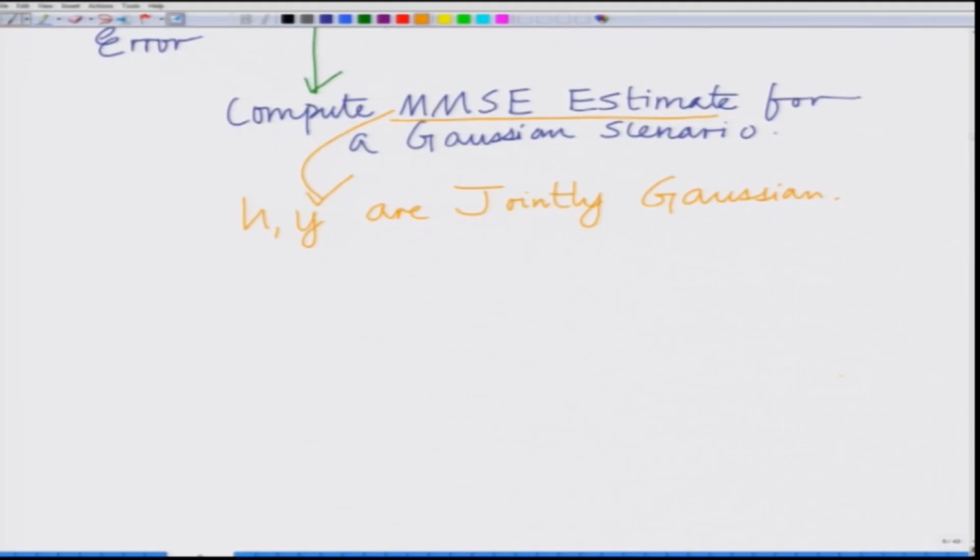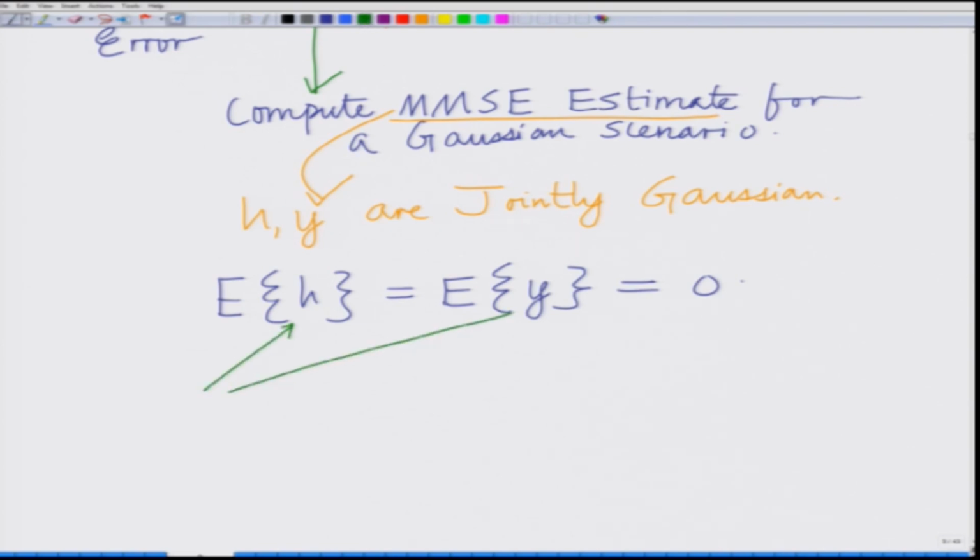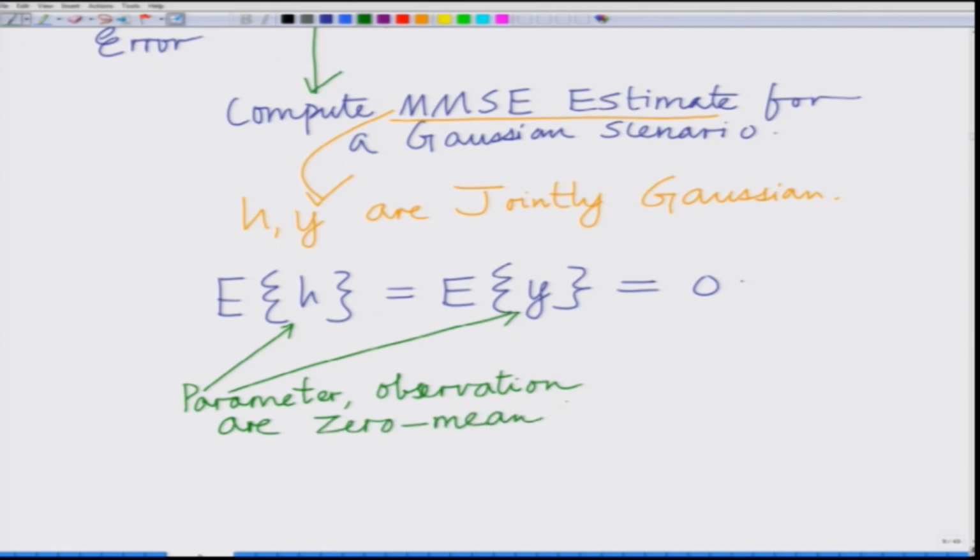To start with, let us consider zero mean random variables. To make things simple, let us consider expected value of h equal to expected value of y equals 0. This implies that the parameter h and the observation y are zero mean random variables.